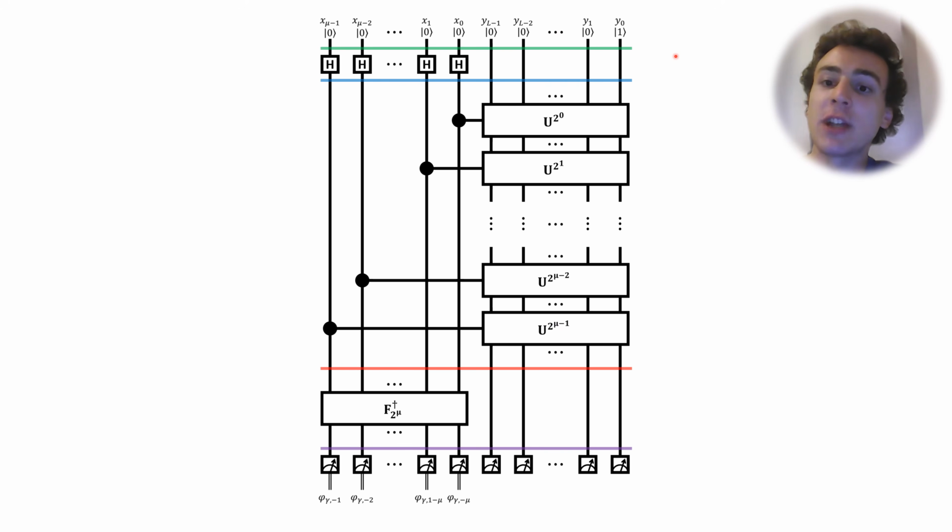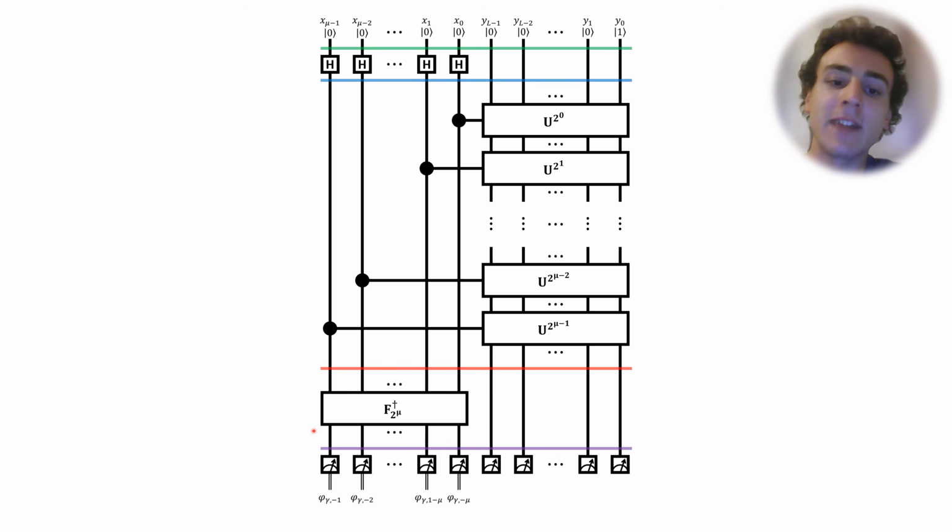So we're not initializing in a single eigenstate. Instead, we're initializing in a superposition of many eigenstates. And each of those eigenstates is indexed by the value gamma. And that is the same gamma that shows up in these labels for the bits at the bottom when we perform a measurement. Let's have a look at this inverse quantum Fourier transform.